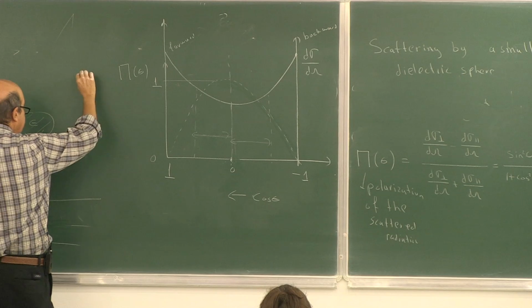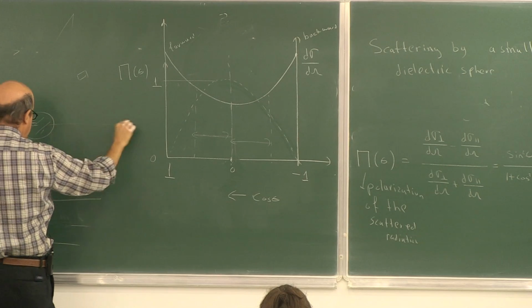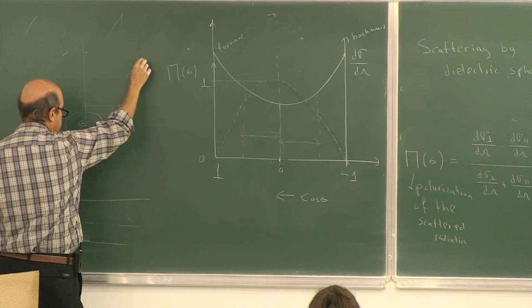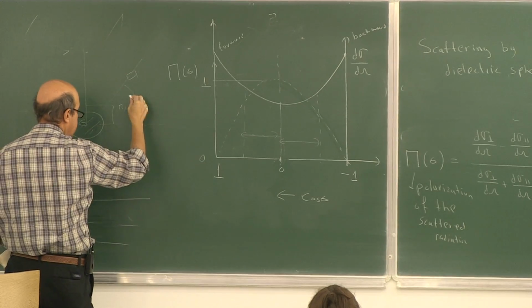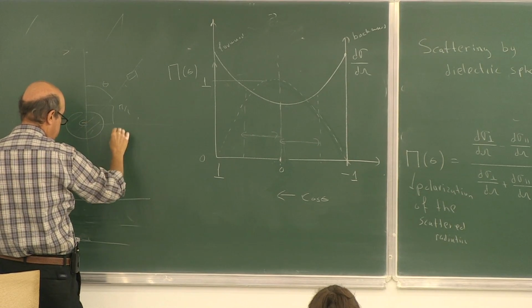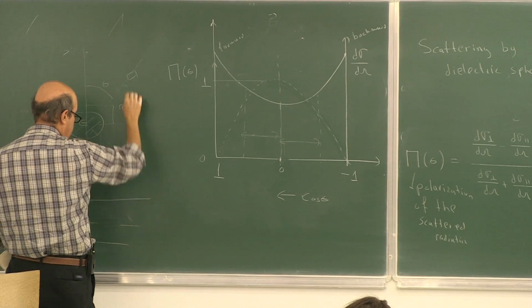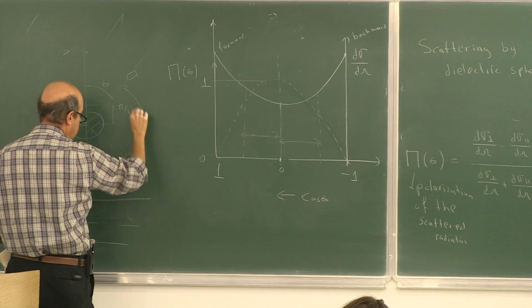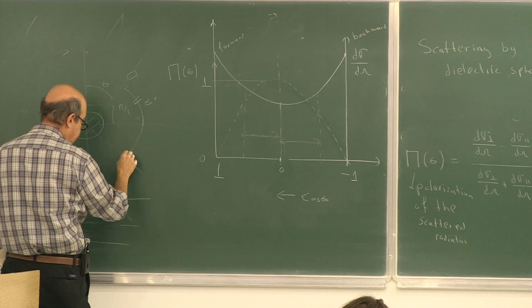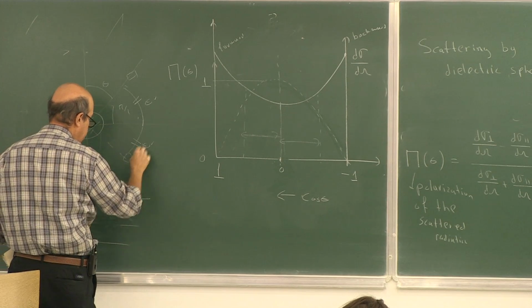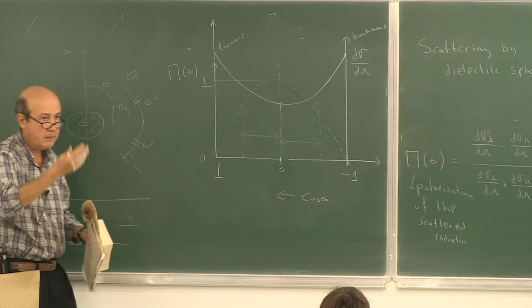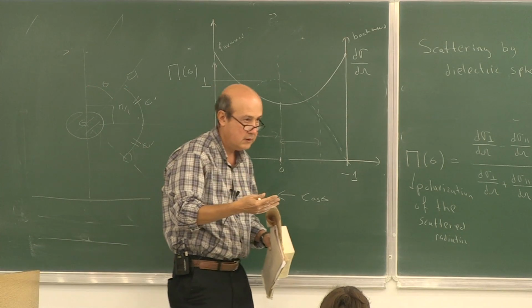If you put the detectors here, and this is 90 degrees, let's say you put a detector here at some theta here, and if you take this angle, let's say theta prime, and if you look at the intensity with the same angle theta prime, you will find the same intensity. Okay, the forward and backward scatterings are even.